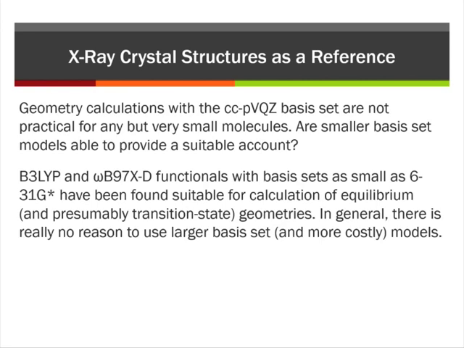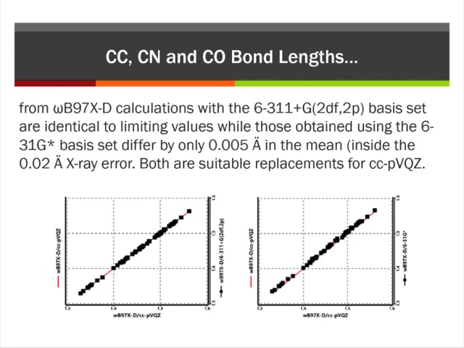Now, the other point I want to make is that once you have established a functional as acceptable with a large basis set, something that's rather expensive, what happens when you try to go to something smaller? Here is this very large basis set on one axis, no experiment now, somewhat smaller basis set on another axis, and they're perfect. And here is a very small basis set on the other axis, and they're pretty close to perfect.